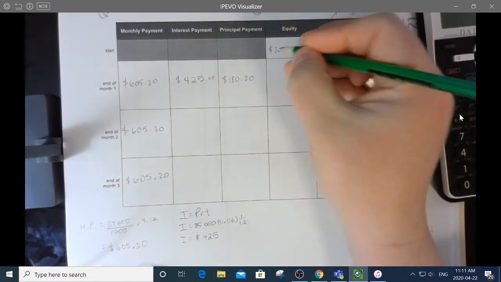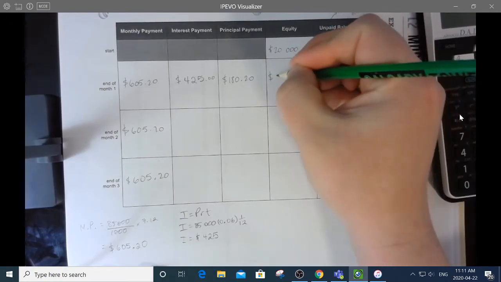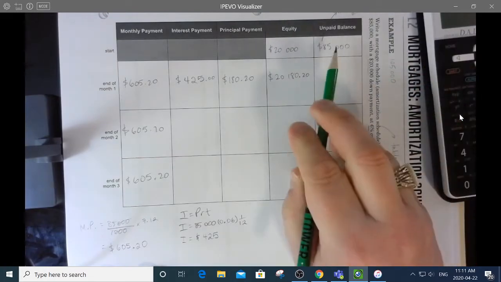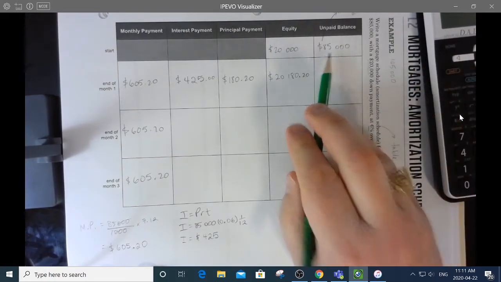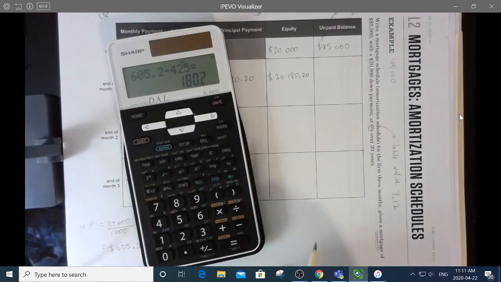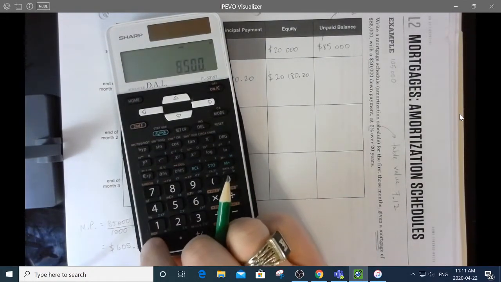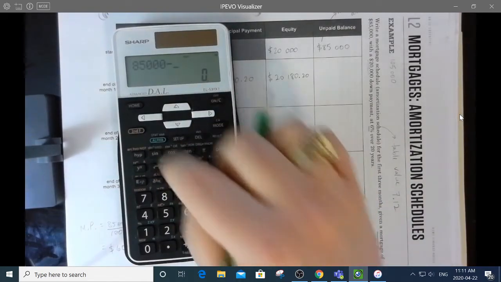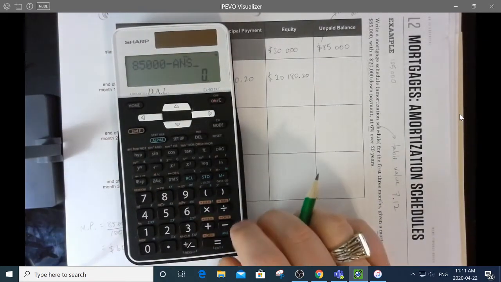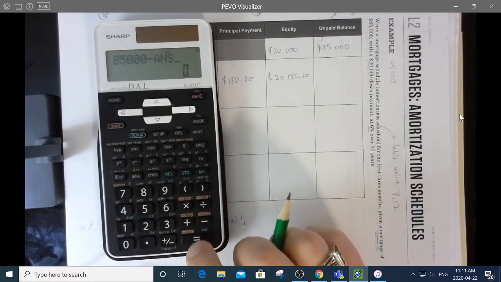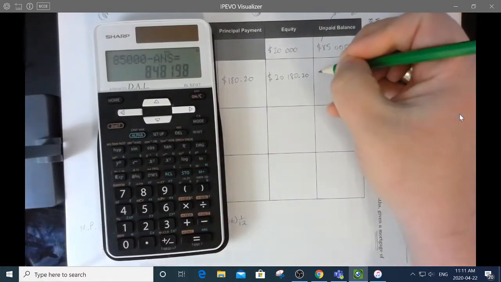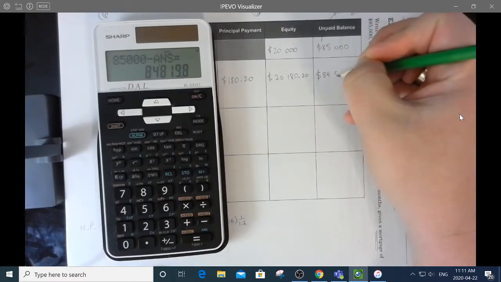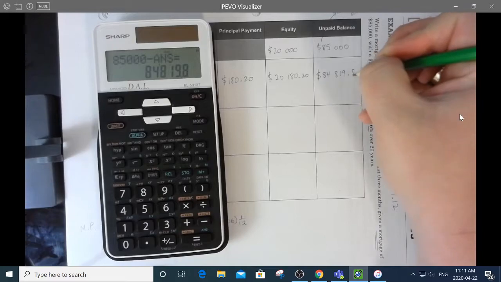So my equity, the amount that I own of the house, goes up by $180.20, and the amount that I still owe the bank on the house goes down by that. So I'll take $85,000 and I'll subtract my previous answer of $180.20. And now I owe the bank $84,819.80.